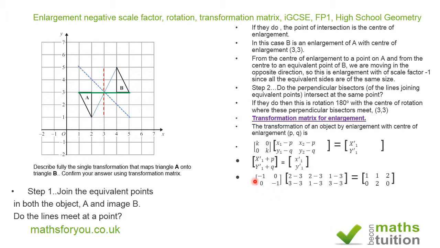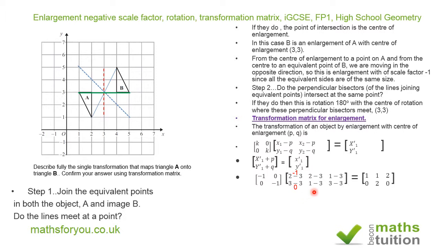In this example, we've got that the scale factor is -1 and -1 there. So the transformation matrix is -1, 0, 0, -1. Now at the point 2, 3 on the object, if you subtract 3 from 2, we end up with -1. If you subtract 3 from 3, we end up with 0.